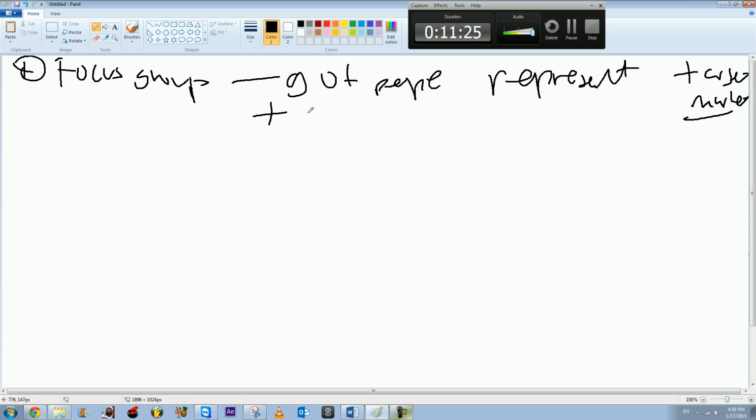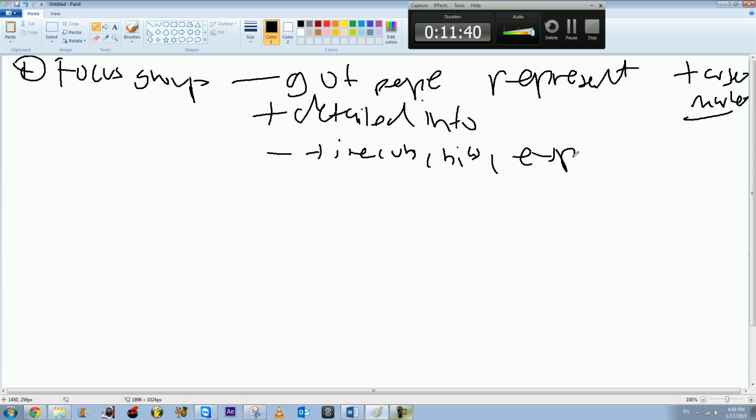And an advantage is that it gives detailed info about consumers' opinion. Disadvantage is it's time consuming, bias, also expensive. Most of the disadvantages are similar, as you can see.